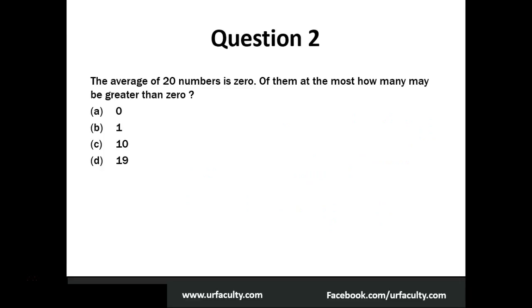The average of 20 numbers is 0. When can the average be 0? When the sum is equal to 0. Why is that so? We know the formula for average is the sum divided by the total number of units.